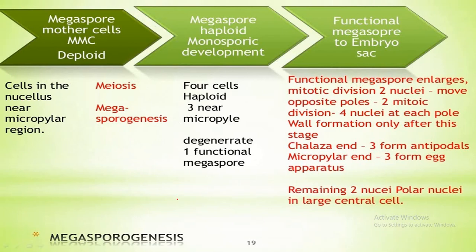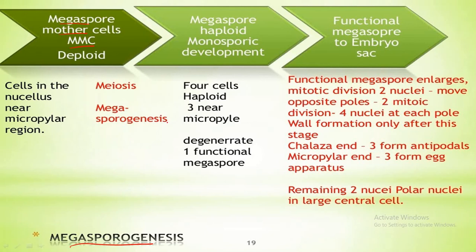Now we will start with the topic megasporogenesis. The process of formation of megaspores from the megaspore mother cell or MMC is called megasporogenesis. It occurs inside the nucellus of the developing ovule of angiosperms.